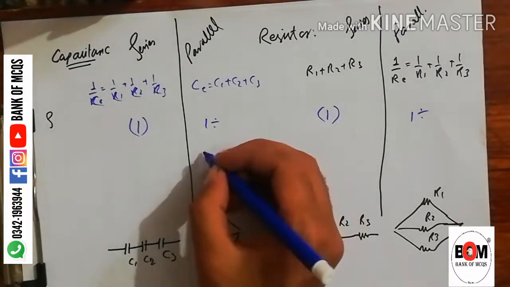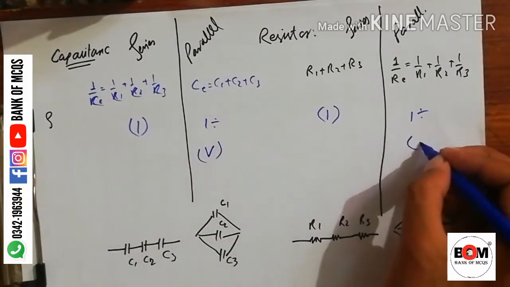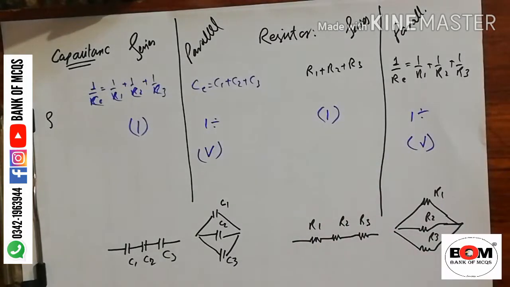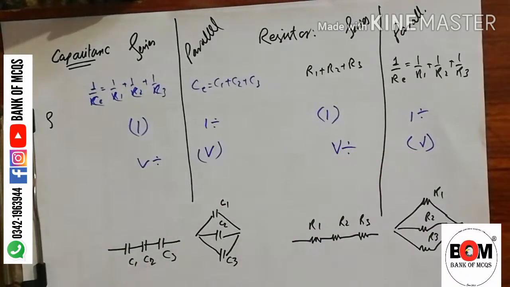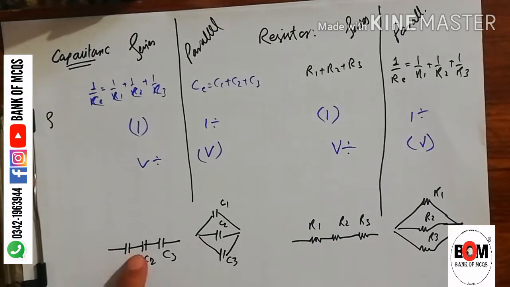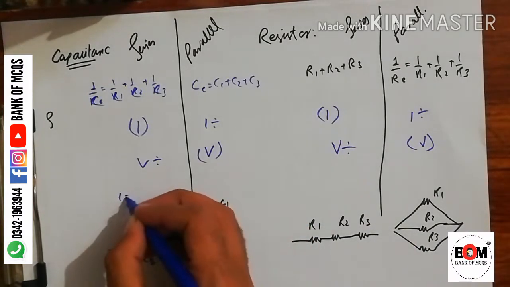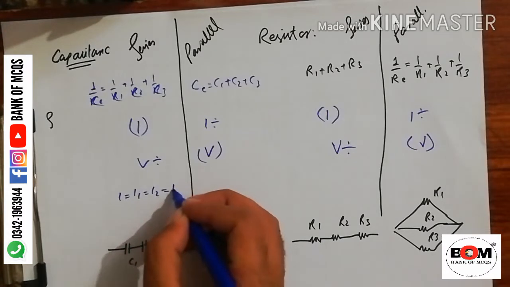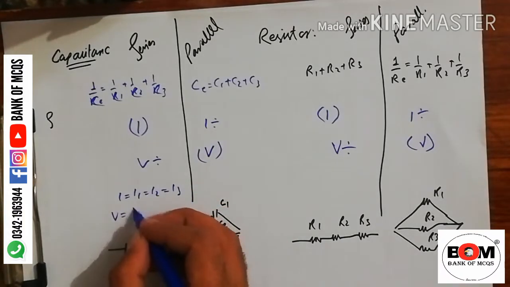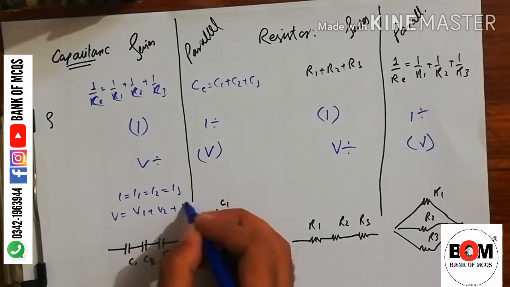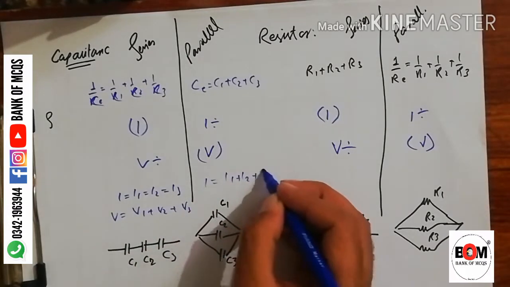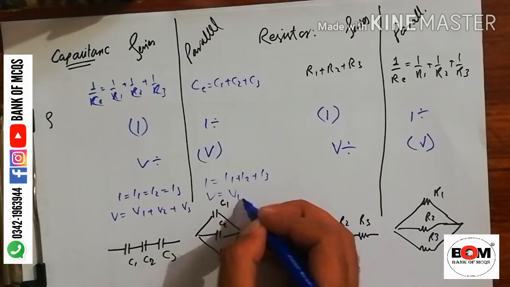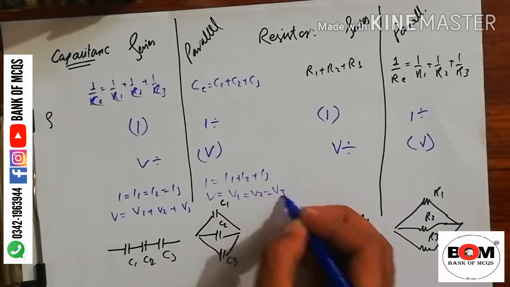In parallel the voltage remains the same, either at capacitor or resistor, and in series it divides. Like in this case, I is equal to I1 is equal to I2 is equal to I3, while V will be equal to V1 plus V2 plus V3. In parallel the current divides, so I is equal to I1 plus I2 plus I3, and V is equal to V1 is equal to V2 is equal to V3.